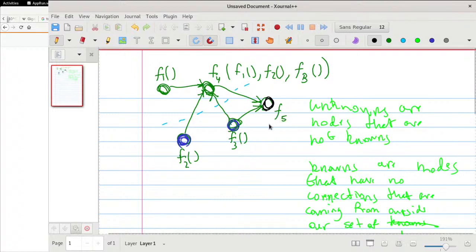We would want to maximize. Another really important point: assuming this is still in the same set, this guy, f6, is also a known.